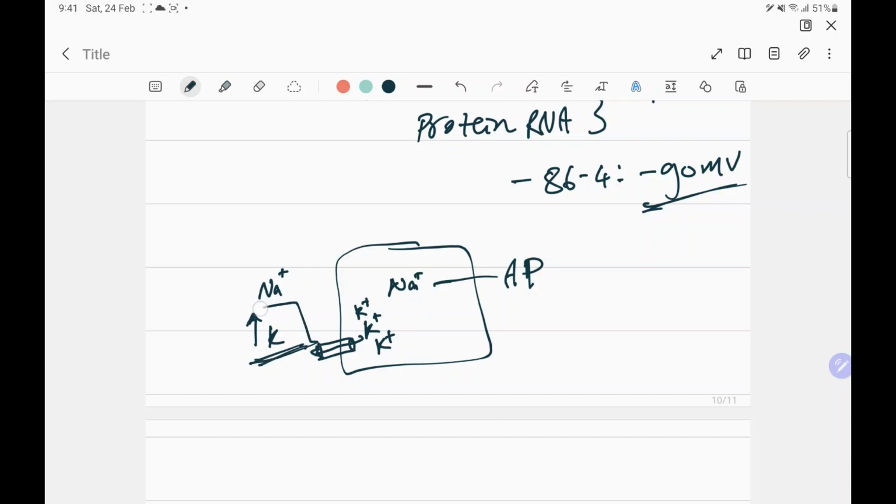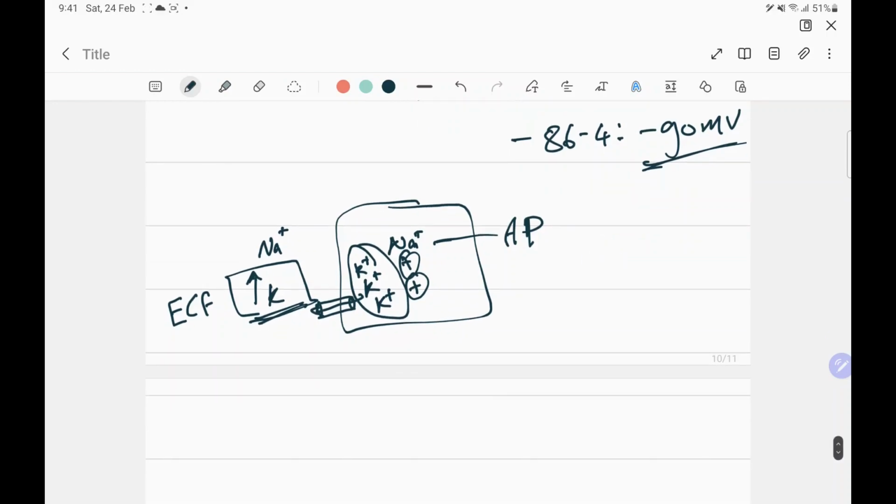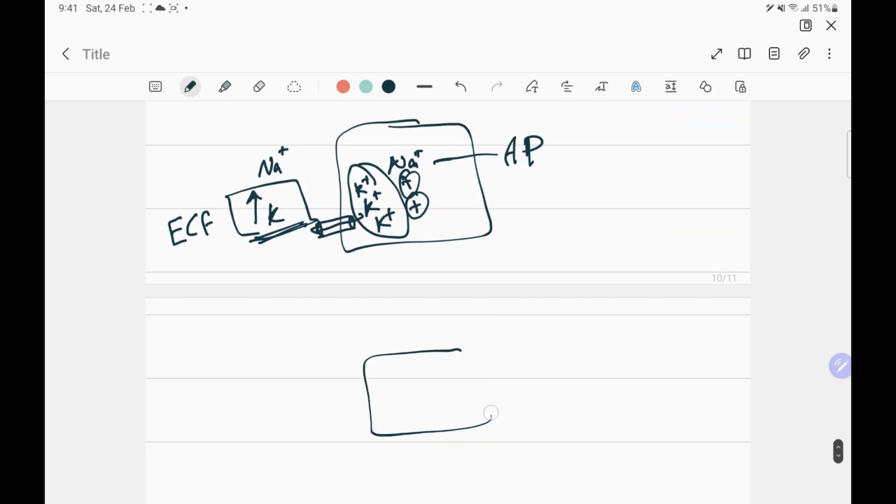So when you increase potassium levels outside the cell in the ECF, you are going to cause some potassium to stay in the cell, and with its positivity, it's going to make the cell more positive on the inside, or a little more depolarized than normal. So you are shifting the RMP to a more positive value. You're bringing it closer to firing level if it's an excitable tissue, making it easy for the cell to fire more.